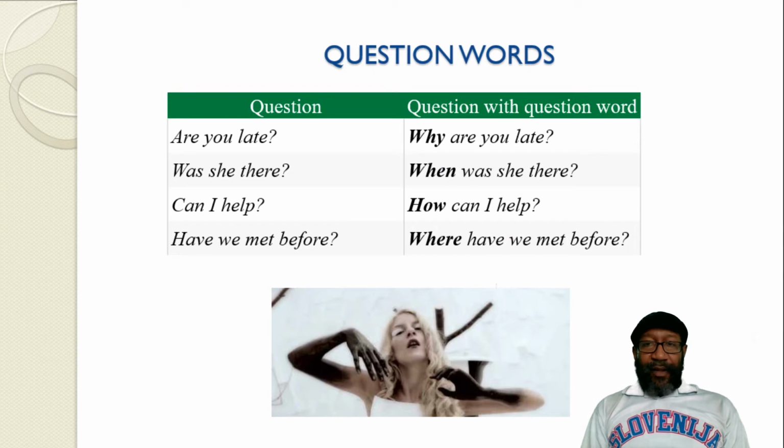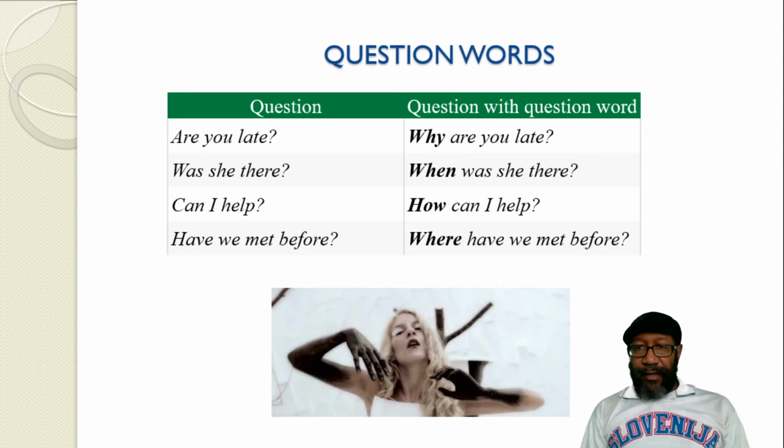So the question words are those words related to interrogatives, right? So, are you late? Why are you late? So, what's the reason for you to be late? So, why is related to reason.